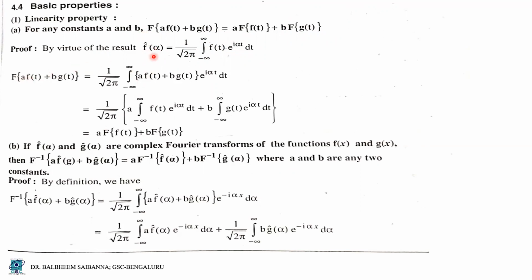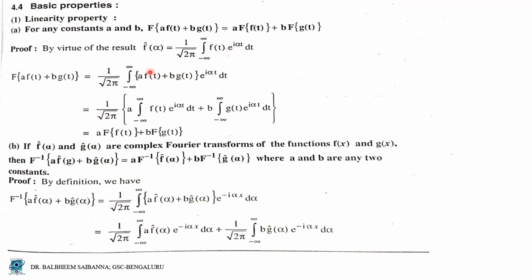Then here we write F of a f of t plus b g of t is equal to 1 divided by root 2 pi, integral over the limit minus infinity to plus infinity, a f of t plus b g of t, e to the power of i alpha t dt, as it is.